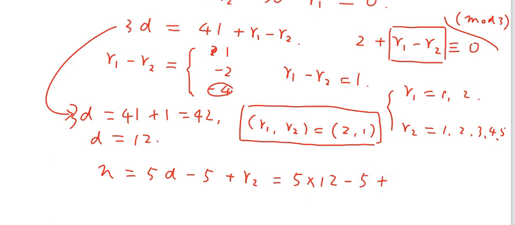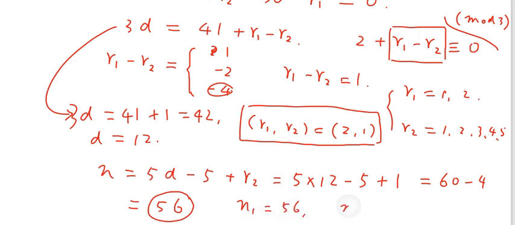R2 is 1. So this equals 60 minus 4. Okay, so we find this equals. So this is one solution.